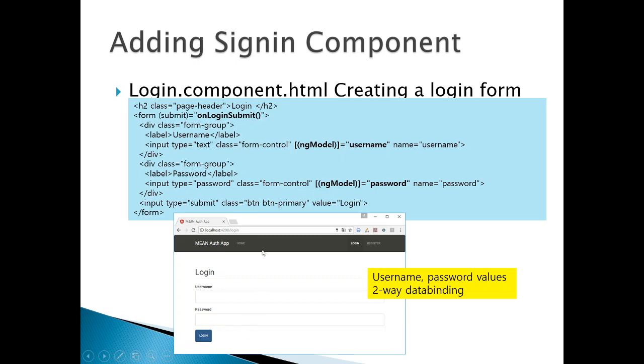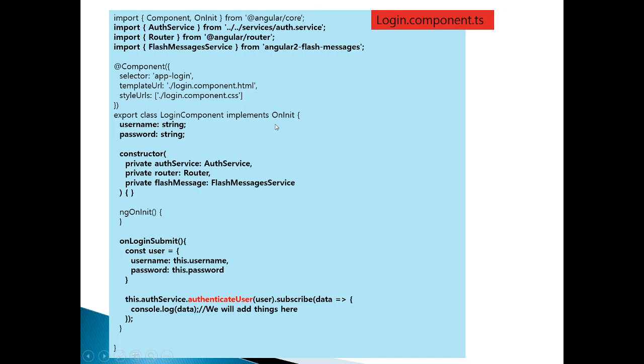Whenever the user clicks on login, it will call the method onLoginSubmit. In onLoginSubmit, we create a user with the username and password, and we pass this user to the authenticate user function which we created in our service. The service will send this information to our REST API, and the REST API will respond back. For example, the server has responded with the data, so we have to handle it here.